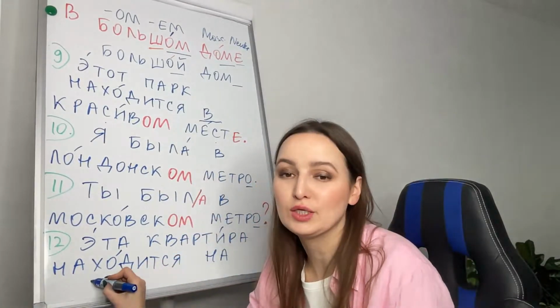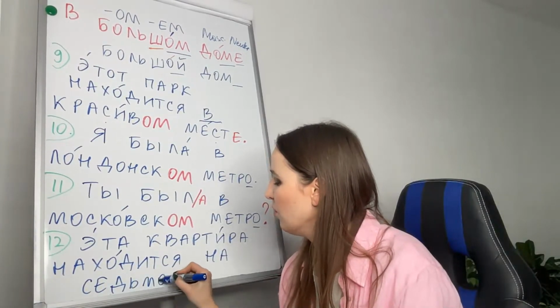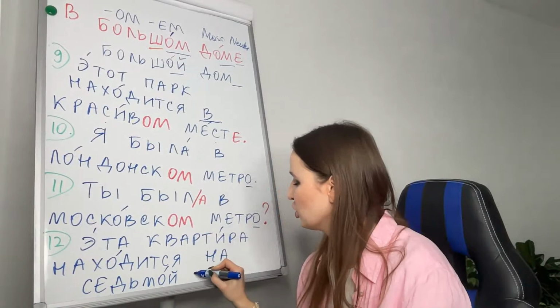First, let's write it in nominative: 7-й этаж.